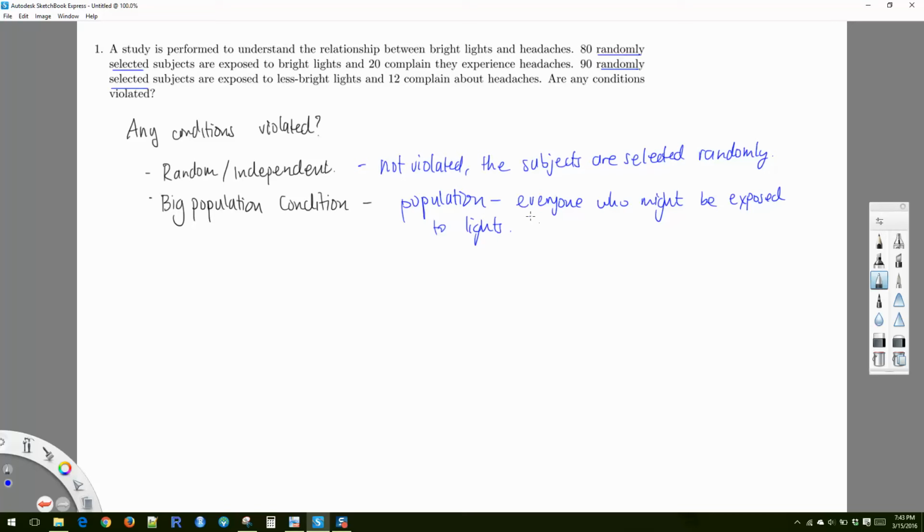So this is a huge population, right? This is like millions or billions of people. So our population is definitely big enough.